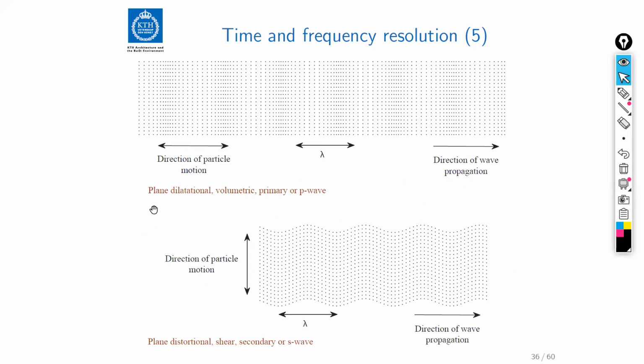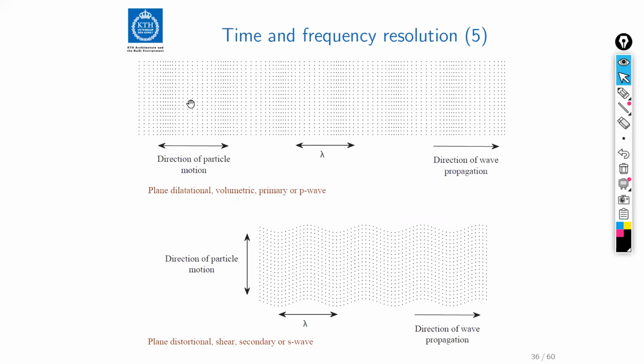So here is a picture just to illustrate, if for some reason somebody doesn't pick up the idea of a dilatational wave. This figure at the top is supposed to show you how the wave motion works. So we have dilatation, that is, the material is either being compressed or stretched.